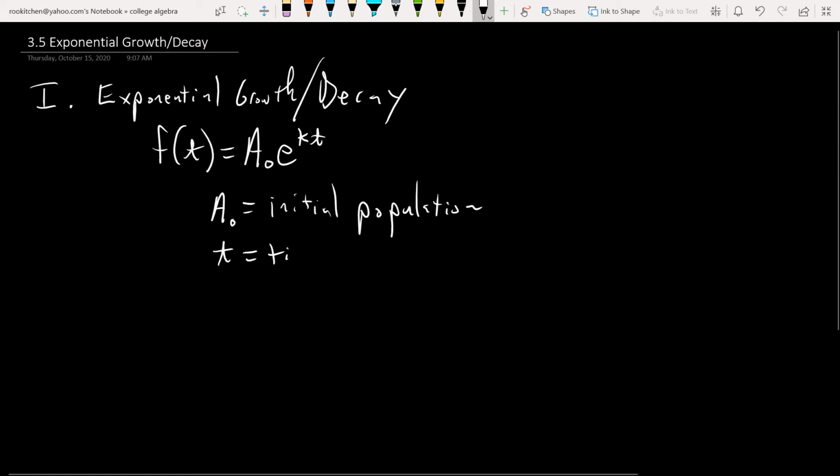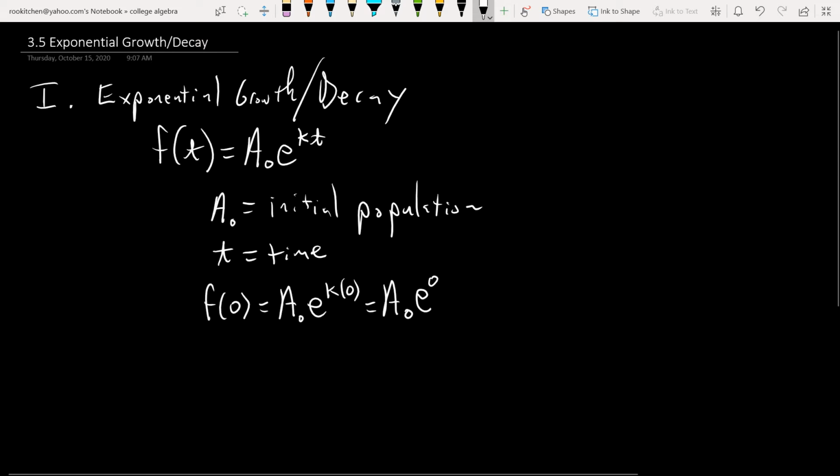T is some sort of time unit. And again, if you look at f of 0, you plug 0 into that equation, you'll get a sub 0 e to the k times 0, which is a sub 0. Anything times 0 is 0, so k times 0 will be 0.